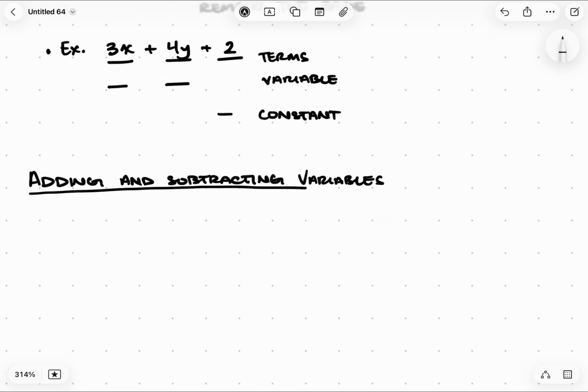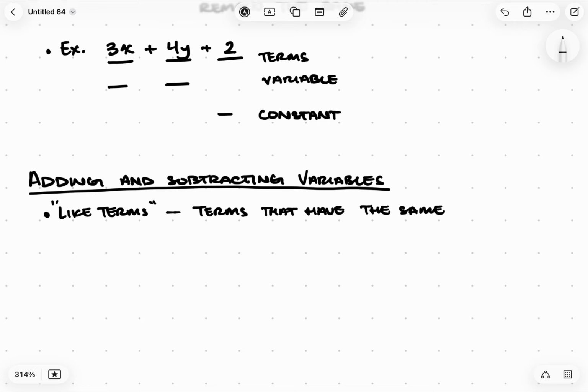All right. So before we jump into this, there is one more keyword. We're going to add this phrase, and I'm going to put quotes, "like terms." So like terms are terms that have the same variable.